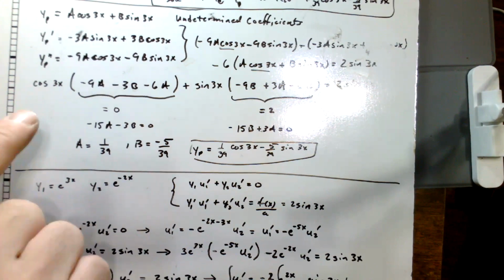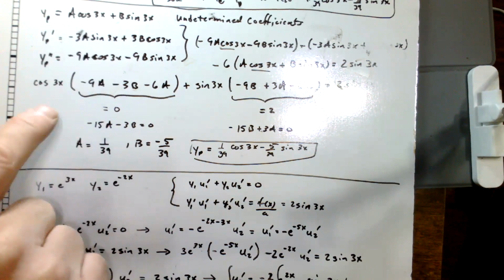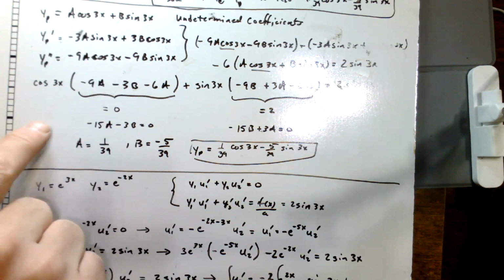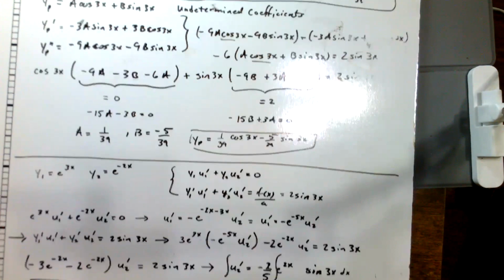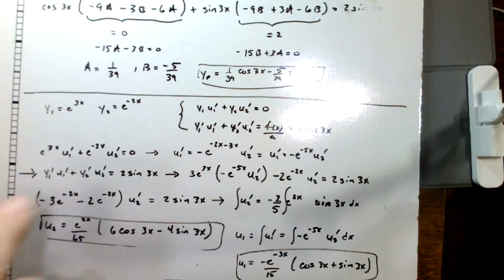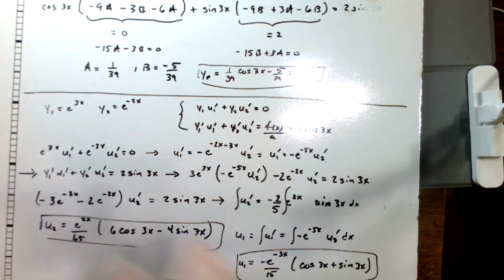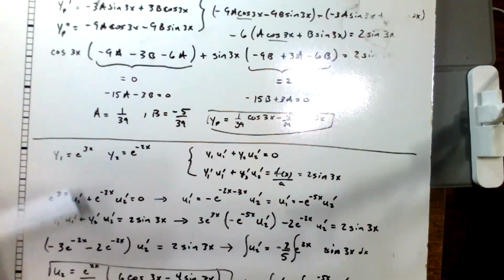The problem is that the particular solution has to be of a certain type, so this method doesn't always work. The variation of parameters method will always give us a solution, but it may give us integrals that are difficult or that we can't integrate. So this one will always work. This one, you need to have a particular solution of a certain type.